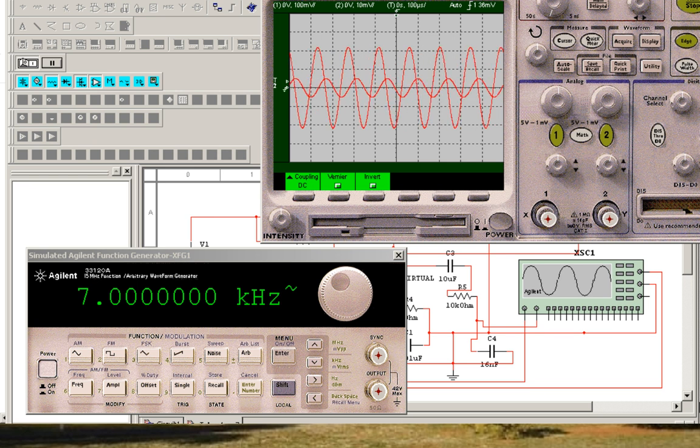That's really getting shorted to ground pretty bad, isn't it? With that 16 nanofarad capacitor.